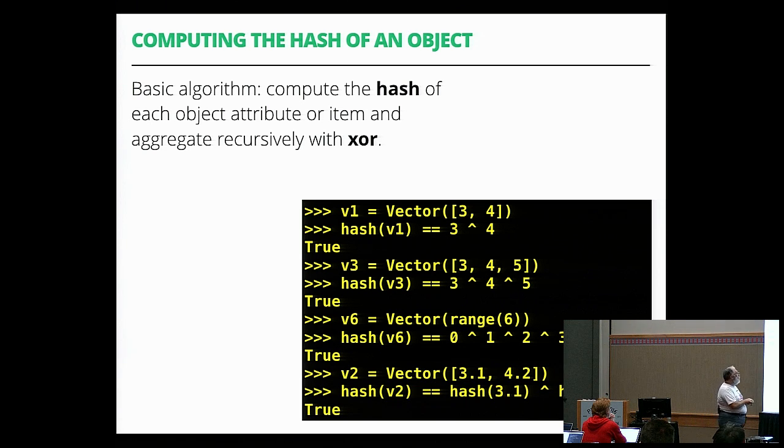And so what I'm showing here is that I am computing the hash of the vector using the hash of the components. See? So the hash of V1 equals the first component XOR the second component. The hash of this is the XOR of all the components again. Okay?